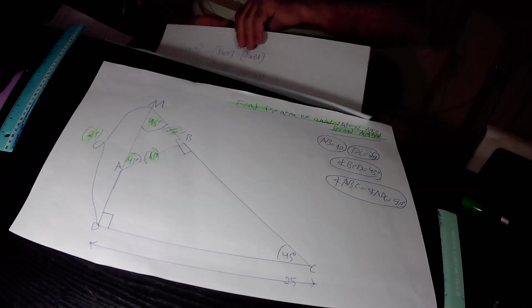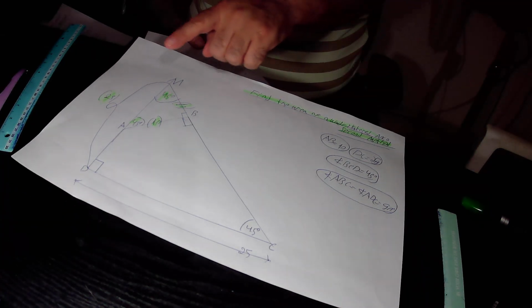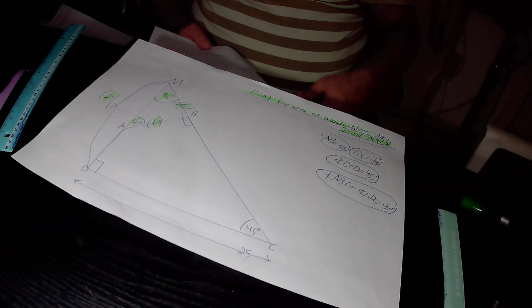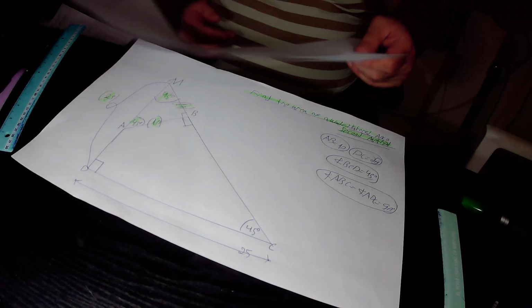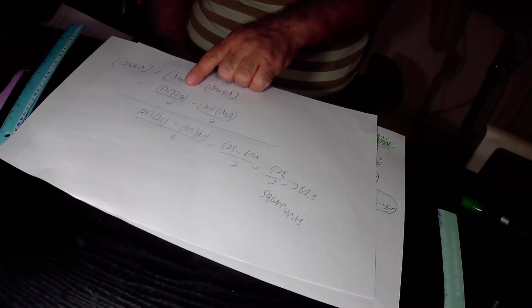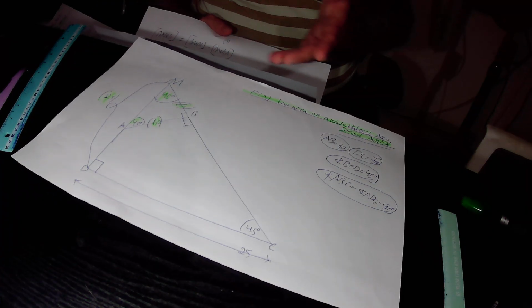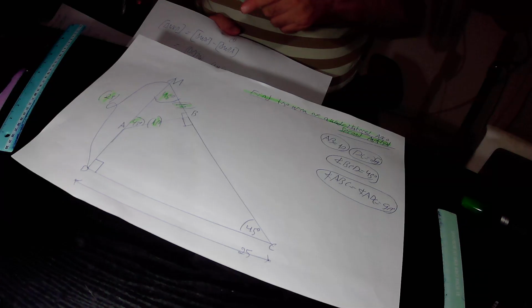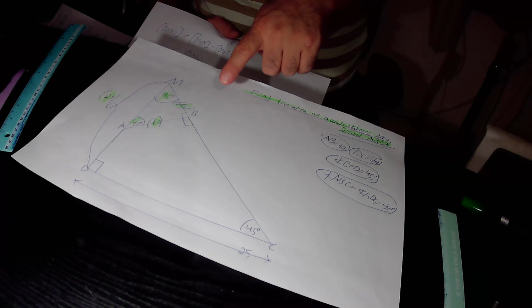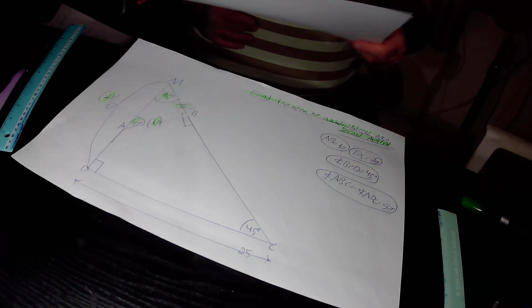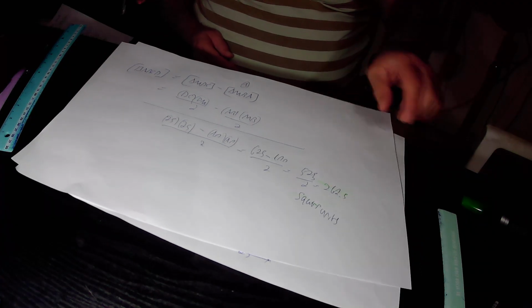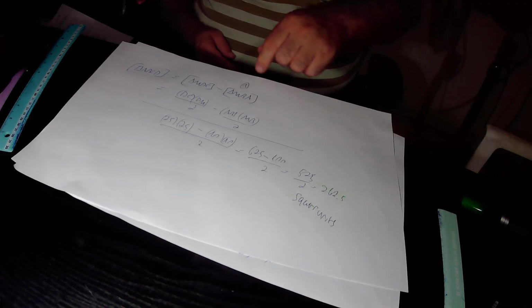The area of the big right triangle MDC equals the base DC times the height DM over 2, minus the area of this right triangle MBA. The area of the small right triangle MBA equals the base AB times the height MB over 2.